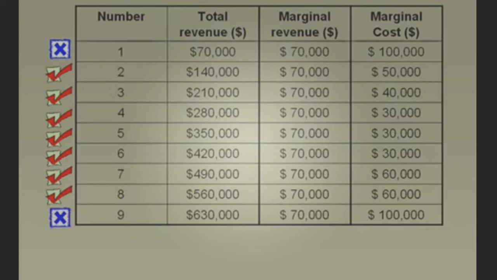No. The cost is greater than revenue. So, at what point do we maximize profit? It's the point where MR comes very close to MC, which is 8 units. So the answer to this question is, to maximize profits, make 8 machines.